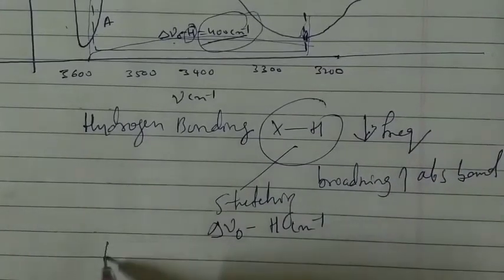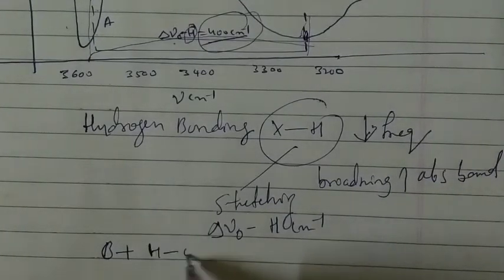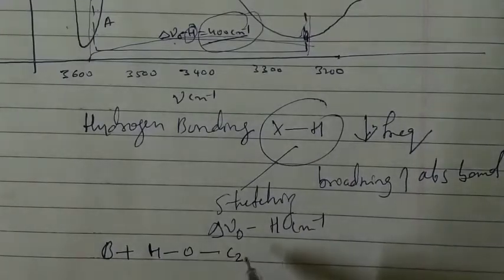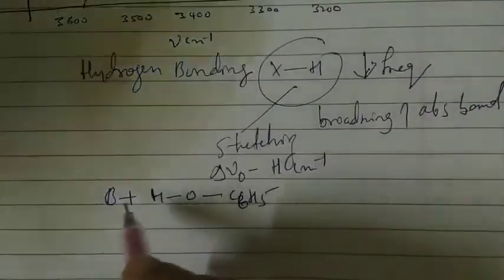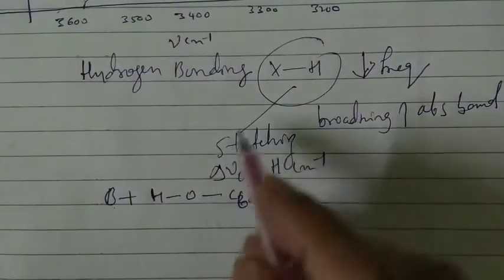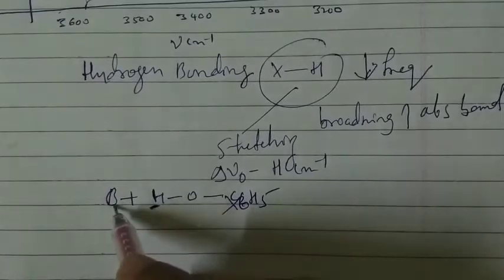For example, if you take phenol, C6H5, this is X, the XH we had given, hydrogen bonded, and this is one compound B.